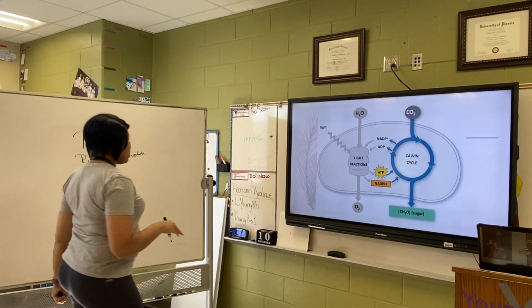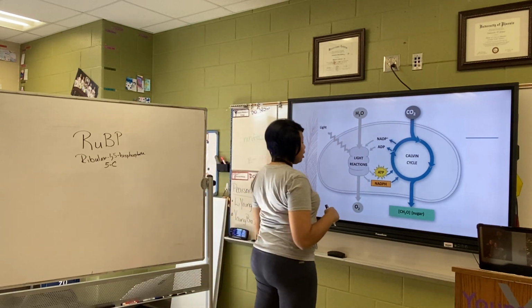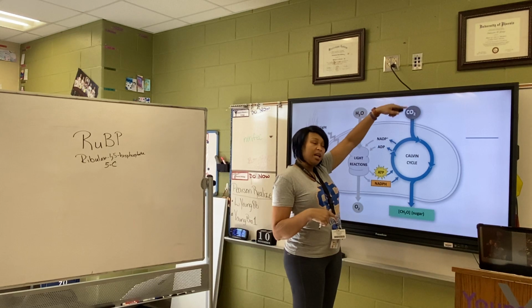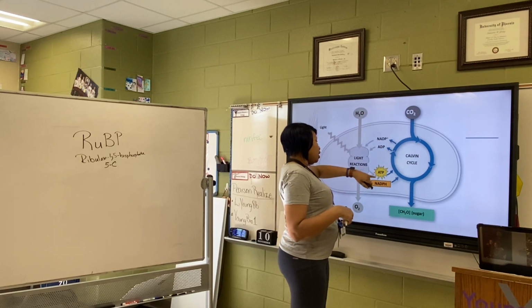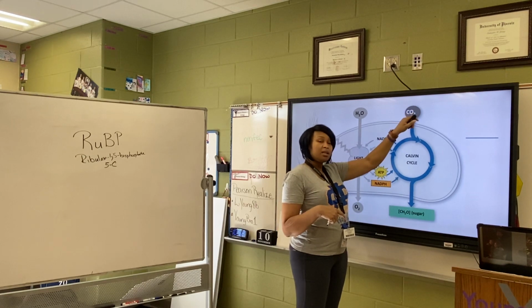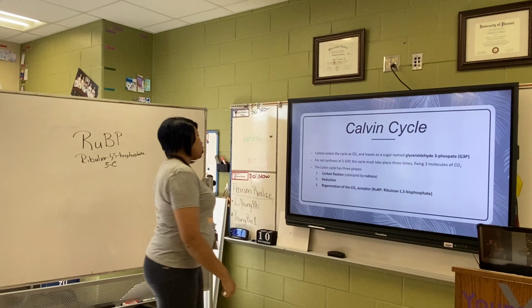So pay attention to investment versus return when we get there. Now, in the Kelvin cycle, we have carbon dioxide coming in, and we're going to use the energy from ATP and NADPH to fix the carbon dioxide into a sugar.